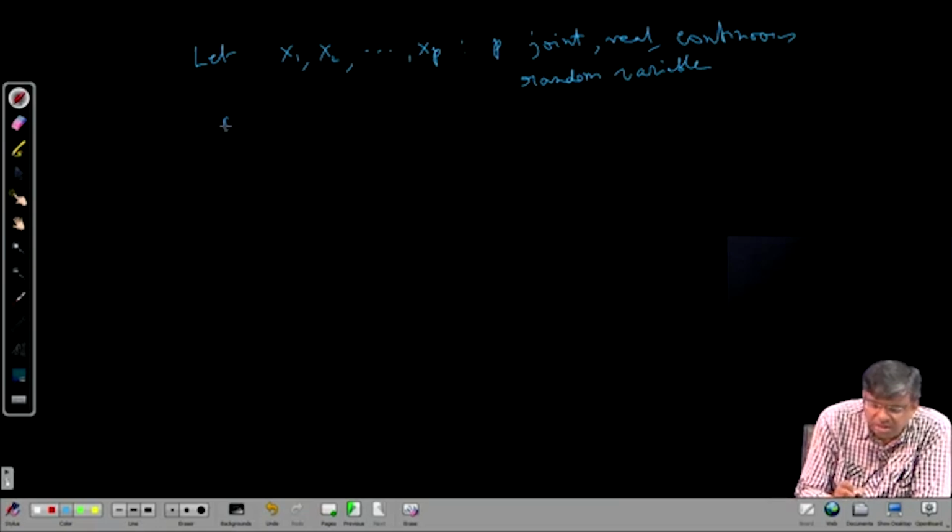Everybody has a mean. So, E of xi is the mean of that, mu i. So, x1 has mean mu 1, x2 has mean mu 2, dot dot dot, all right, and I form a vector, small x bar.